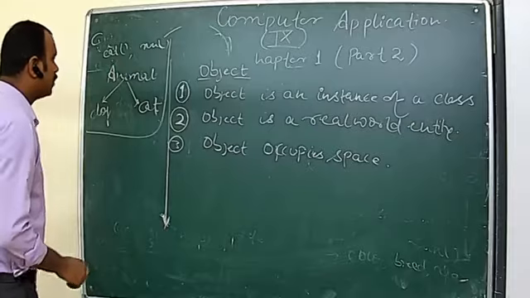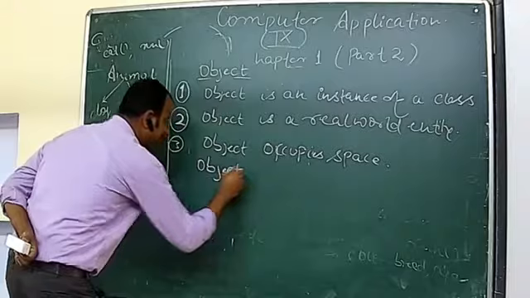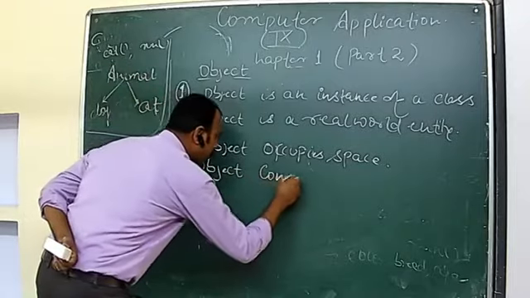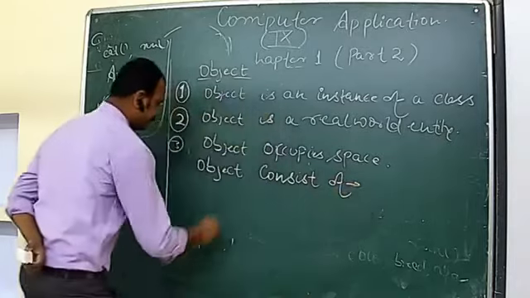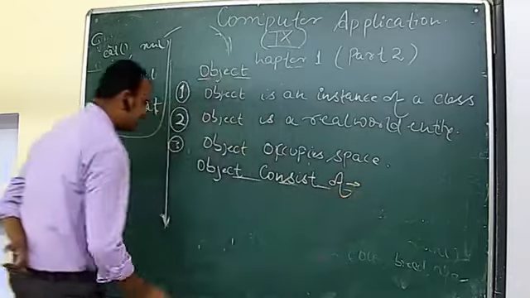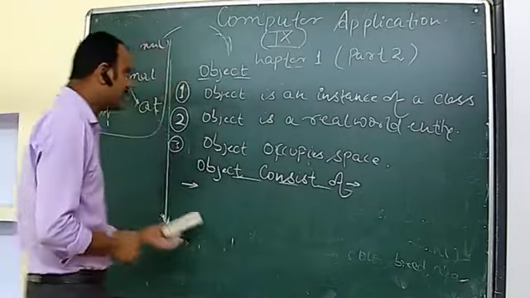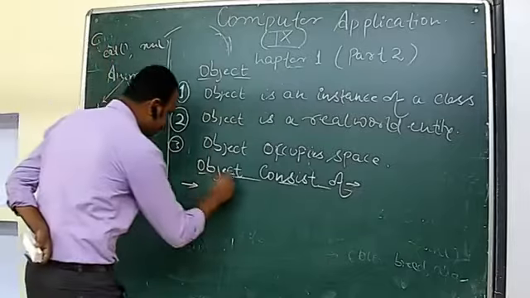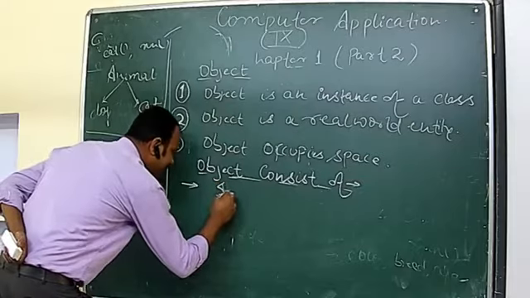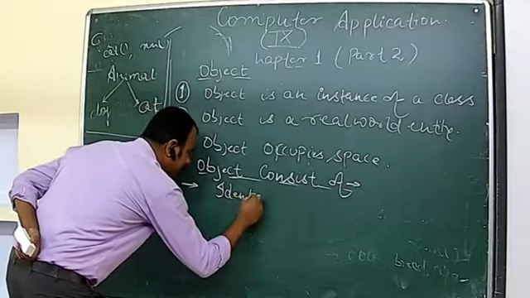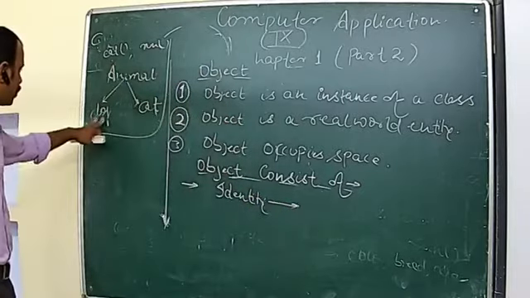This object consists of what? We are talking about what an object can have. So object can have, first of all, attributes, or you can say identity. It will have identity, because this dog, cat will have some particular names.